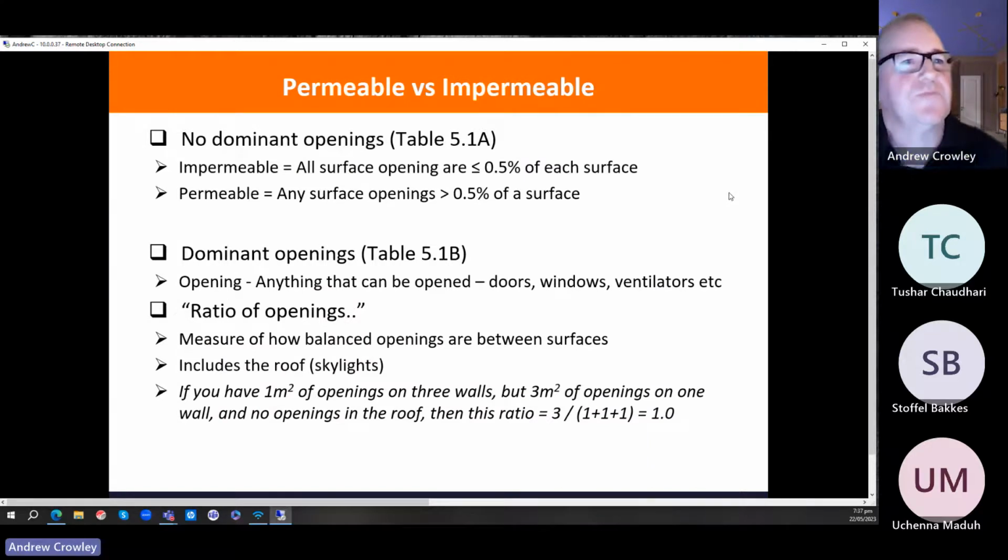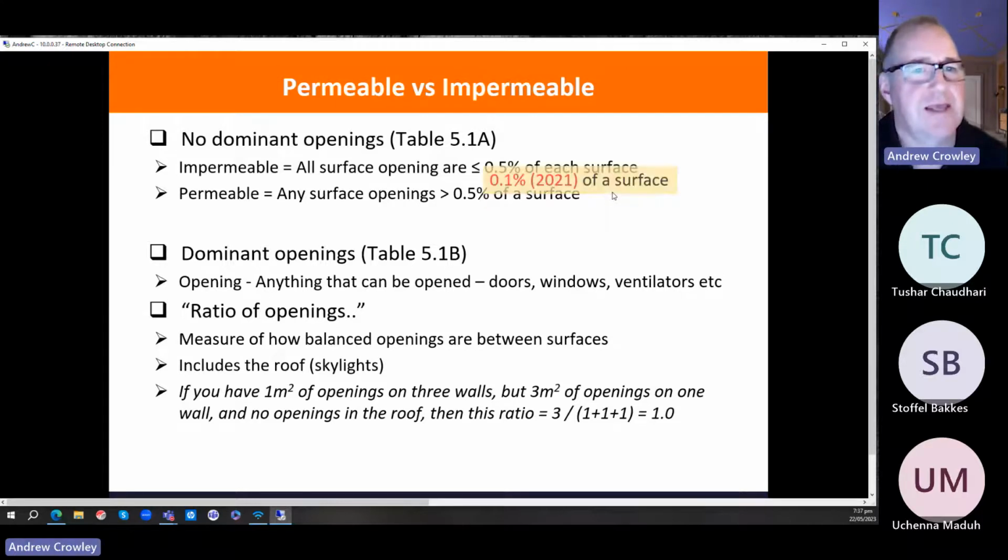So what do we mean by permeable or impermeable surfaces in our walls? Well, if it's impermeable, all surface openings are less than 0.5% of each surface. The openings are usually going to be doors and windows. So if you're mainly wall and only a little bit of doors and windows, then you're looking at the impermeable. But we like to put windows and doors in our buildings, and so you'll probably find that most of your walls are permeable, and that means more than 0.5%.